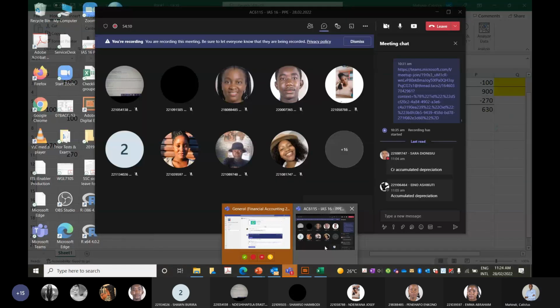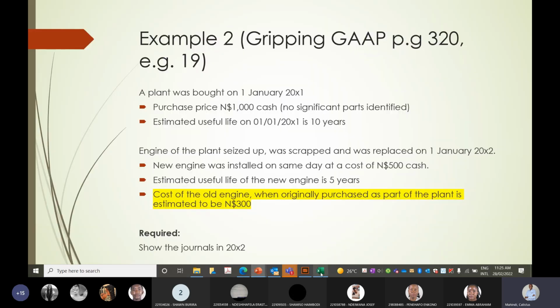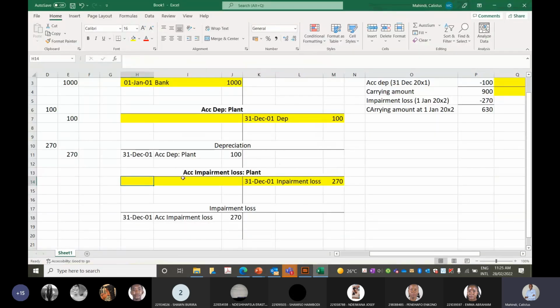To make a credit balance 0, you're going to have to debit it, right? So we're going to have to debit the accumulated impairment loss account on the 1st of January 20x2. But what is the contra account? The contra account is the plant account because we're actually getting rid of the engine.